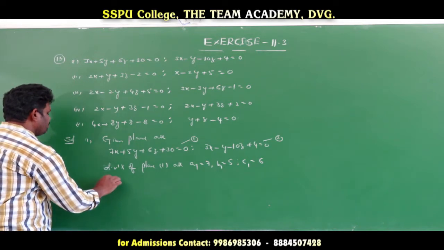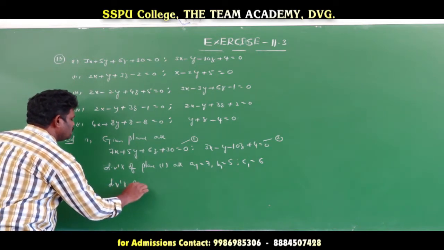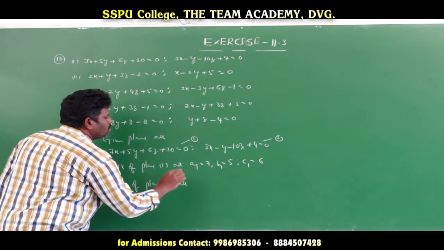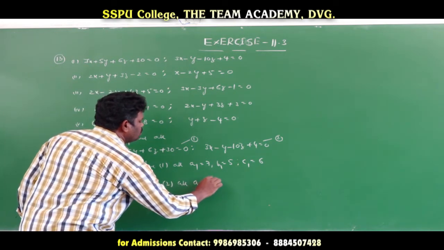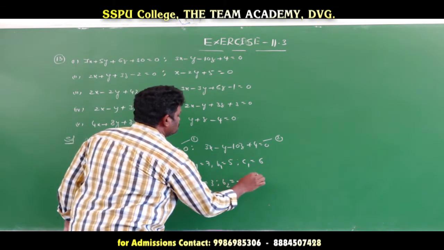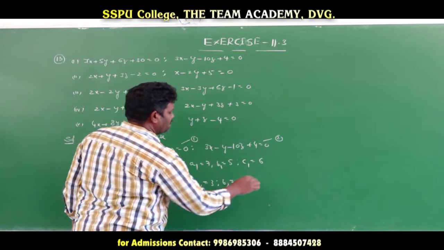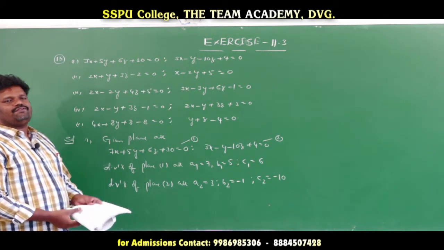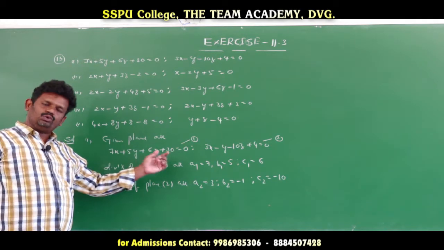Similarly, the direction ratios of plane 2 are A2 is equal to 3, B2 is equal to -1, C2 is equal to -10. So first we find the direction ratios of the two given planes.